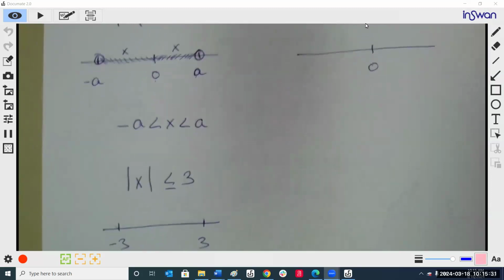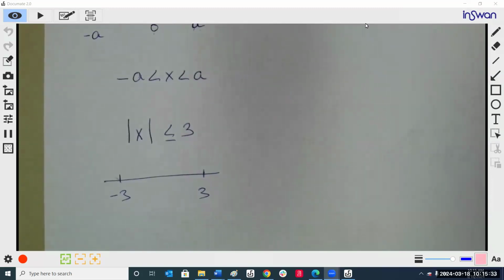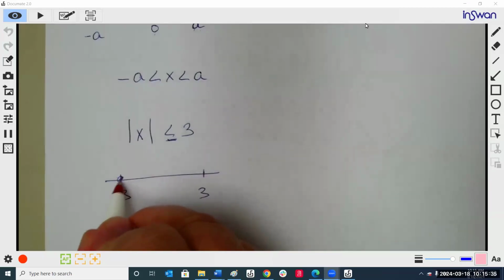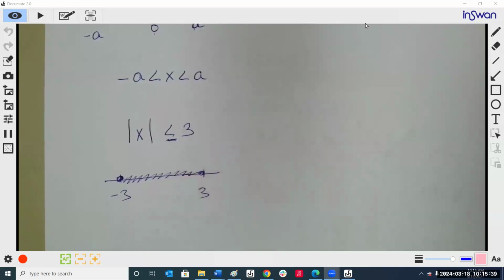Are they open or closed circles? Closed because of the equals. And x is between there. So less than means it goes from that number down to 0.